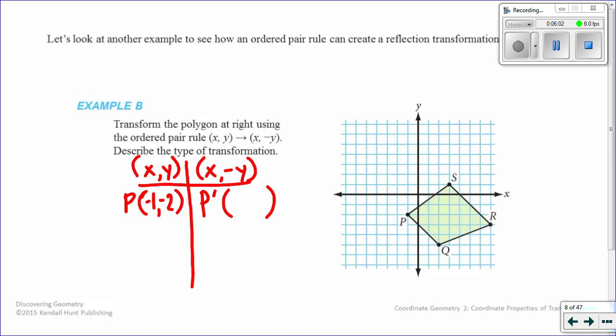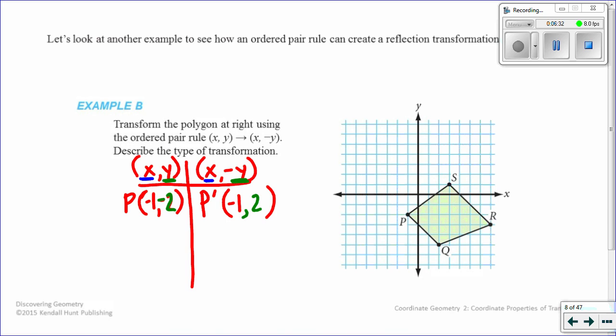So it looks like x remains the same. So my x value is still negative 1. But now it looks like my y value is the opposite of what it was before. So now I have negative 2 for y here, and it's the opposite of y, so this is going to be positive 2. So all this is doing is flipping my y's from a positive to a negative, or from a negative to a positive.